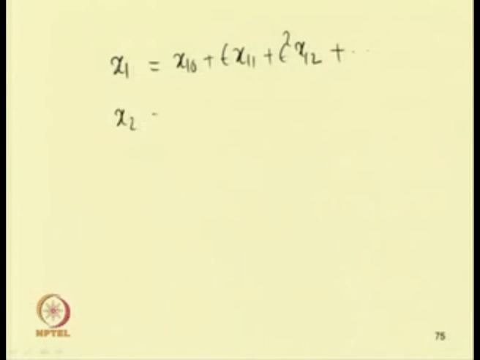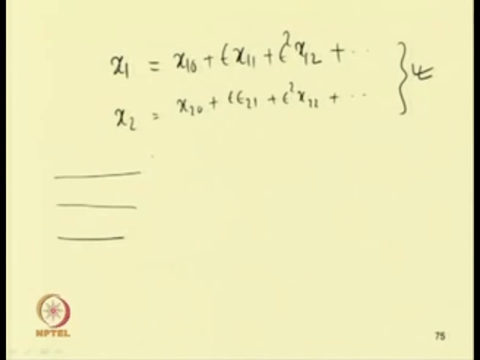Similarly, one can write x2 equal to x20 plus epsilon x21 plus epsilon square x22 and higher order terms. Now, substituting this in the original equation and separating the terms of the order of epsilon to the power 0, 1 and 2, we can get a set of equations.